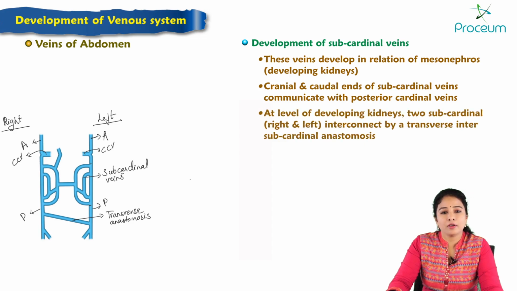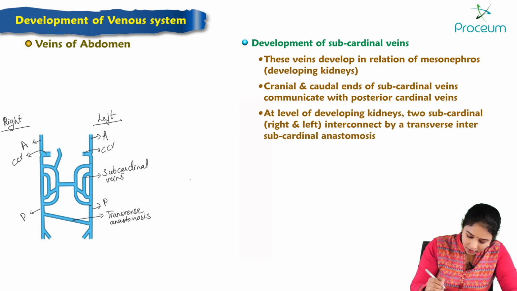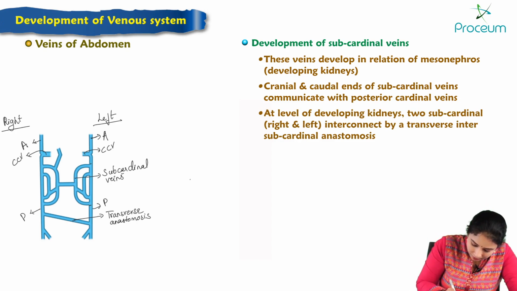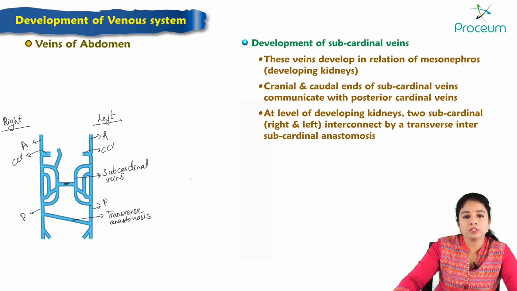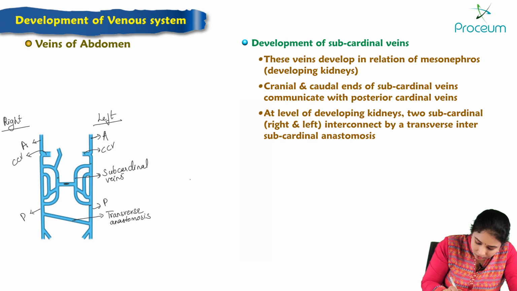At the level of the developing kidneys, the two subcardinal veins, the right and left subcardinal veins that you are seeing, are interconnected by this anastomosis. This anastomosis is called the transverse intersubcardinal anastomosis.